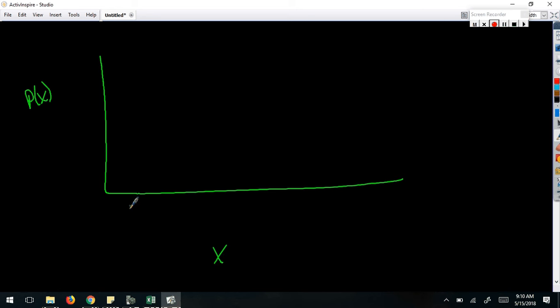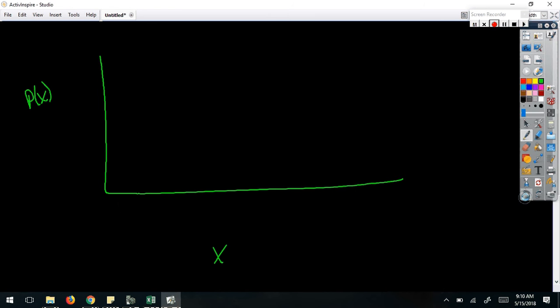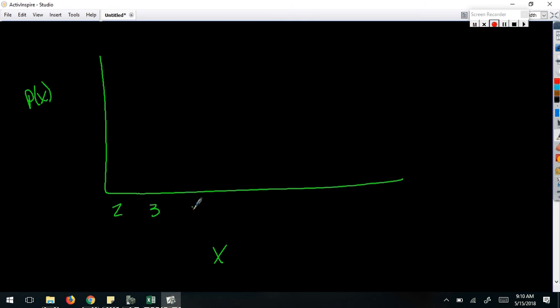Our possible outcomes are, remember, not 1. You can't get a 1 when you roll 2 dice. 2, 3, 4, 5, 6, all the way up to 12. On my probability side, I think I'm going to go by 36ths.